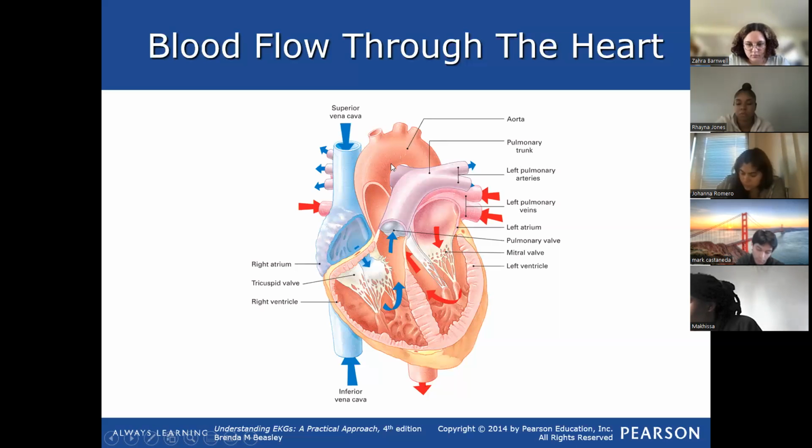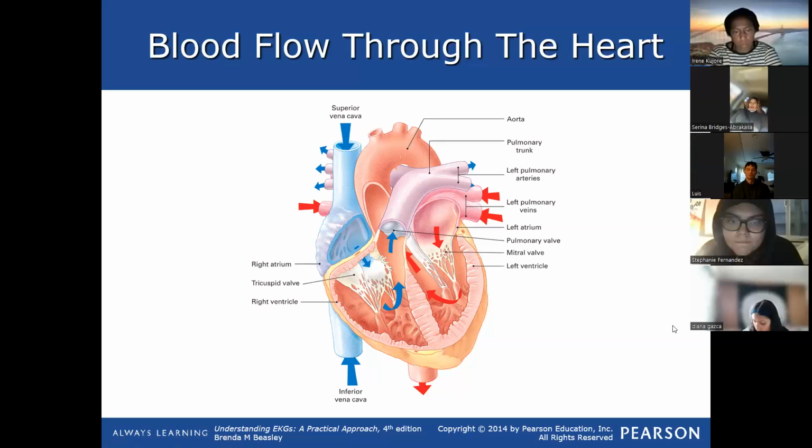Clear? So what is the order? The order of the blood is right atrium, right ventricle, then lung, then left atrium, left ventricle, then go to the aorta to be distributed to every part of the body. If you have any question regarding this issue, let us clarify this for you.